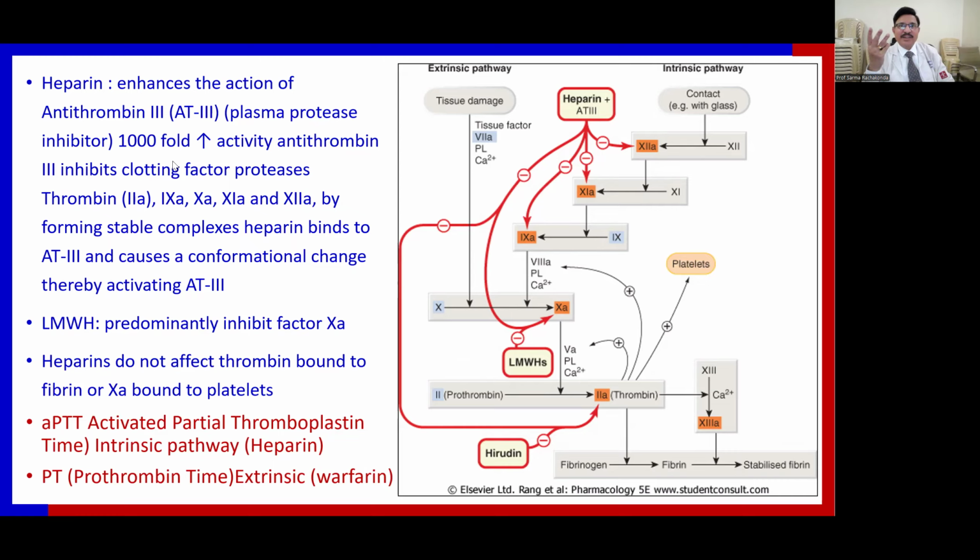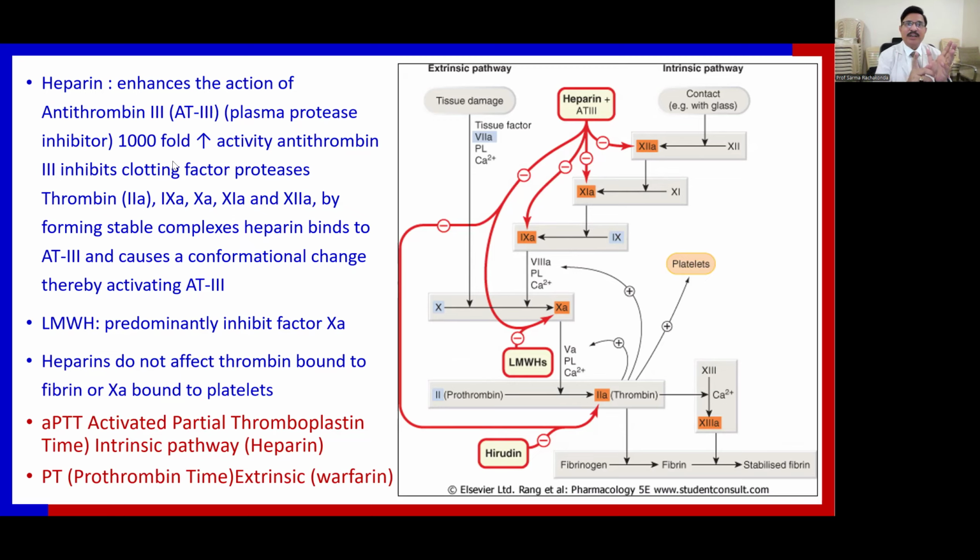See, three tests are there. APTT, PT, TT. TT is not tetanus toxoid. TT is thrombin time. Okay? Thrombin time is the shortest because it's very quick, no? The shortest. Next longer one is PT. Even longer one is APTT.